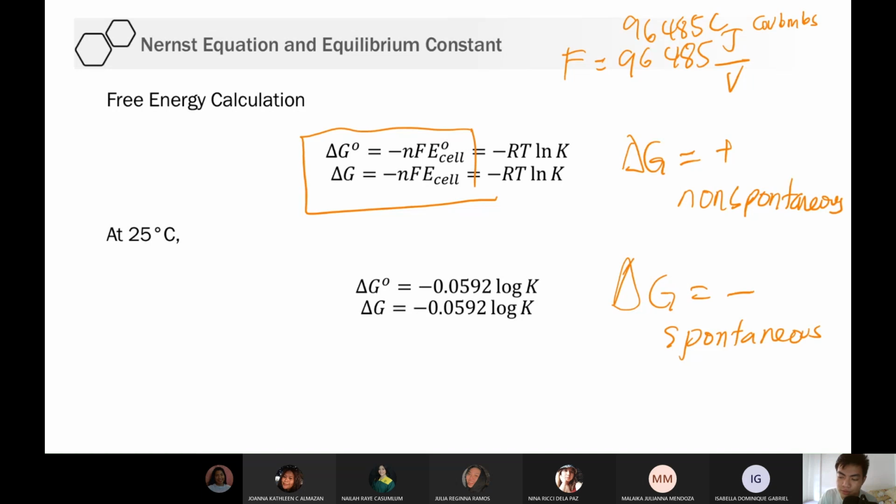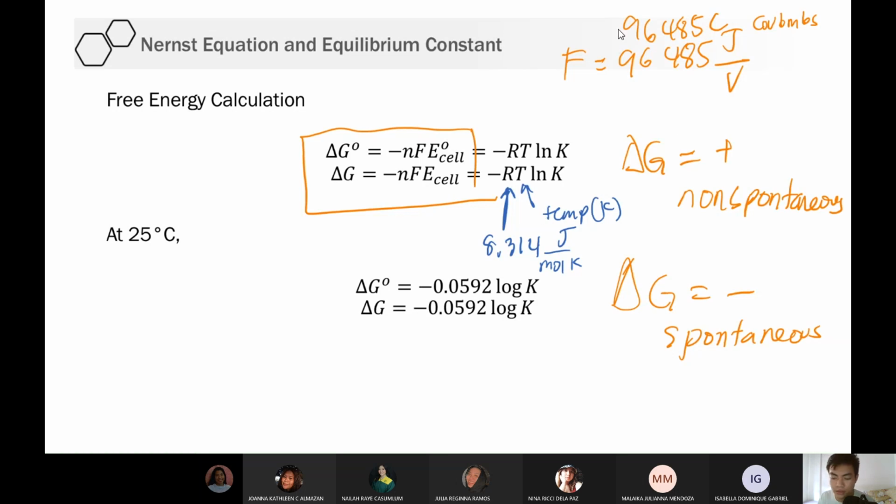If you're going to use the other one, yung R, itong R, this is 8.314 joule per mole Kelvin. And the T is the temp. Okay. So this is the gas constant in energy form, which is 8.314. And the temperature should be in Kelvin.